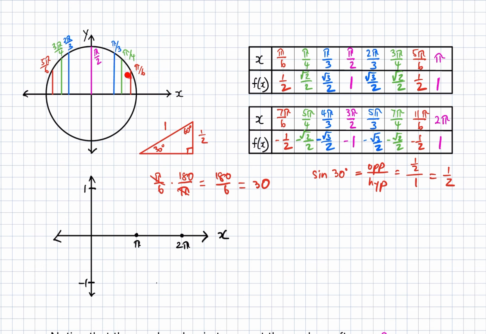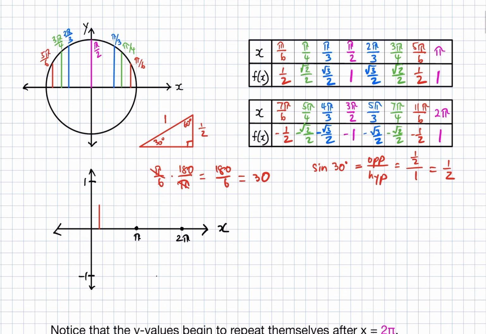values, you'll see that for sine of pi over 6, my y value is 1/2, right? Halfway up the y axis. We can go ahead and graph that down here. So at pi over 6, that's roughly there on the Cartesian coordinate.